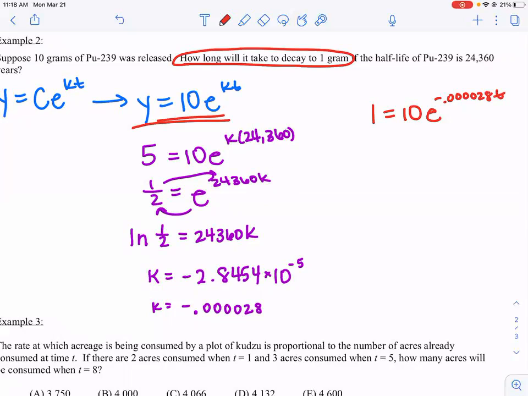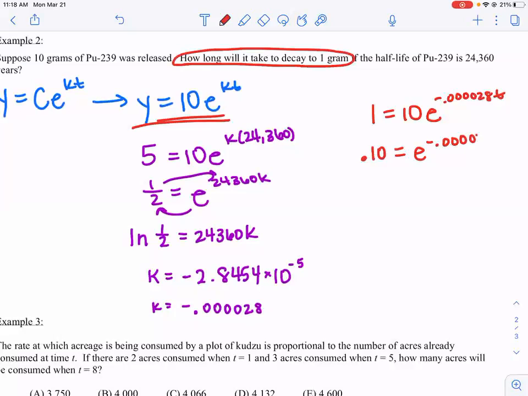And now we have to solve for t. If I move this over, and I take this 10 and divide it over, we get 1/10, 0.1, whatever you want to say.